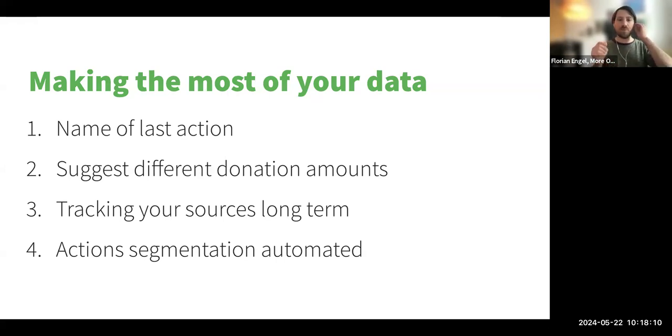Now, with the current version of Impact Stack, you can put in the tags as you need them. So with every action, you can just put in any tag that you like. It could also be multiple tags, and that way you can do the segmentation very quickly. But what we've decided to do is make this much more seamless.